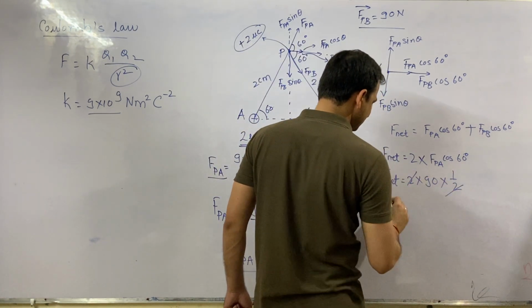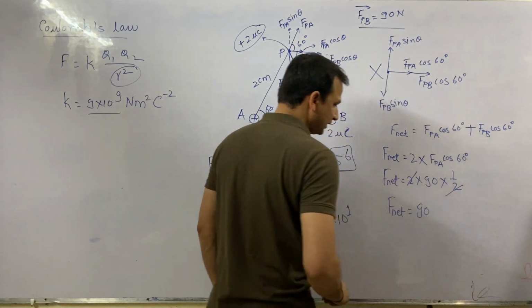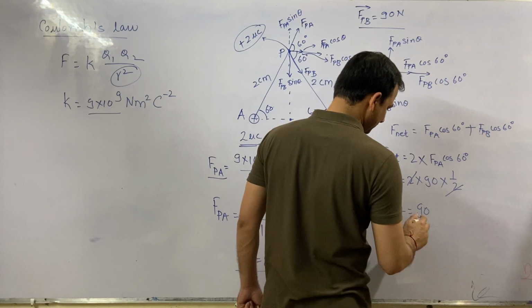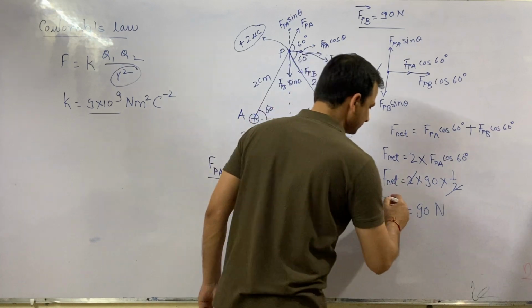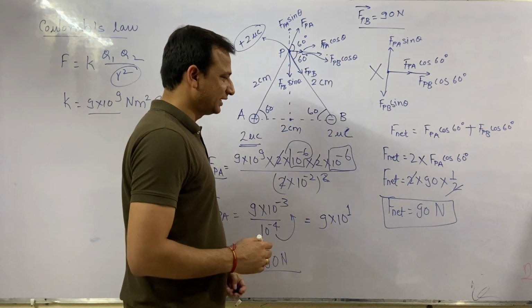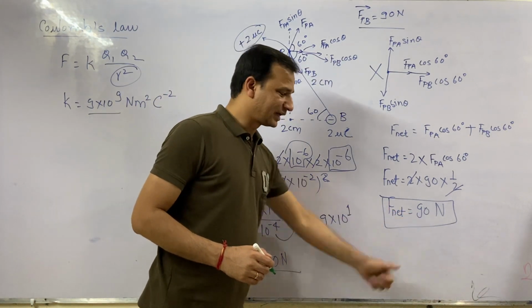So this gets cancelled and we get F net is equal to 90 Newton. And the direction of force would be towards the right side with a magnitude of 90 Newton.